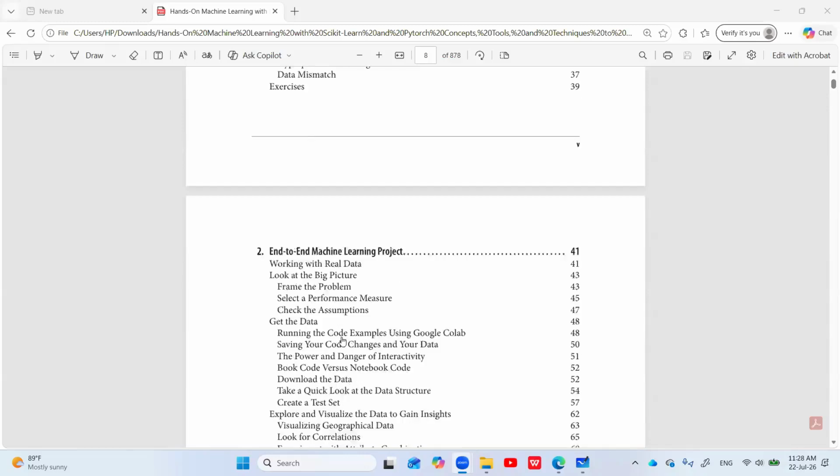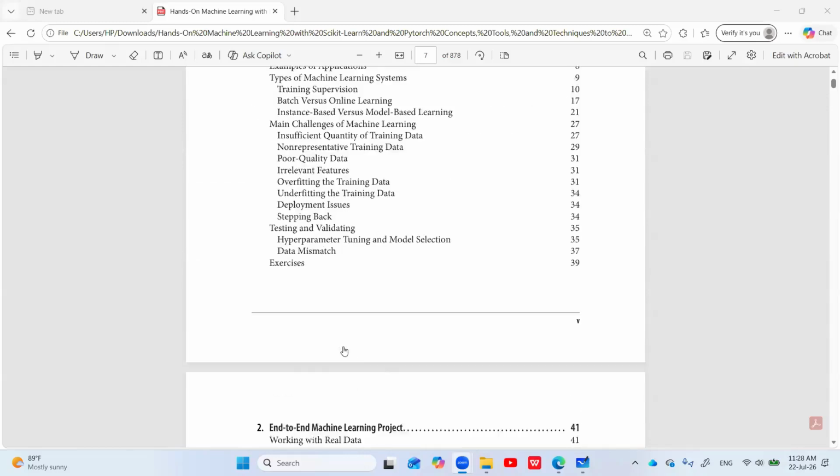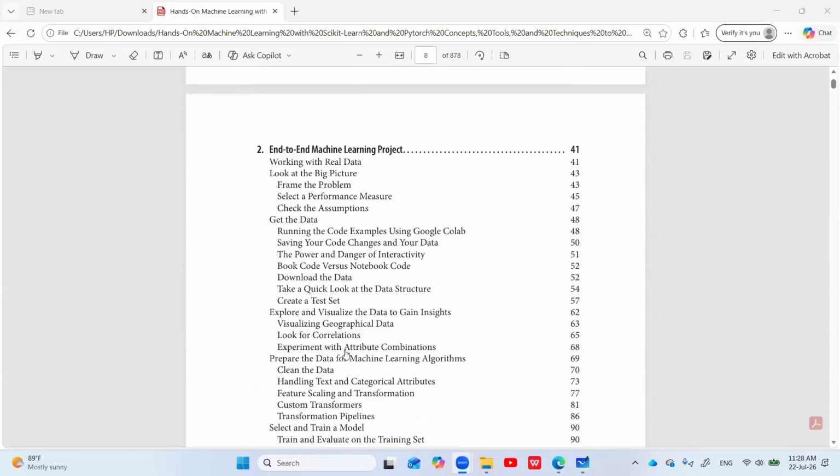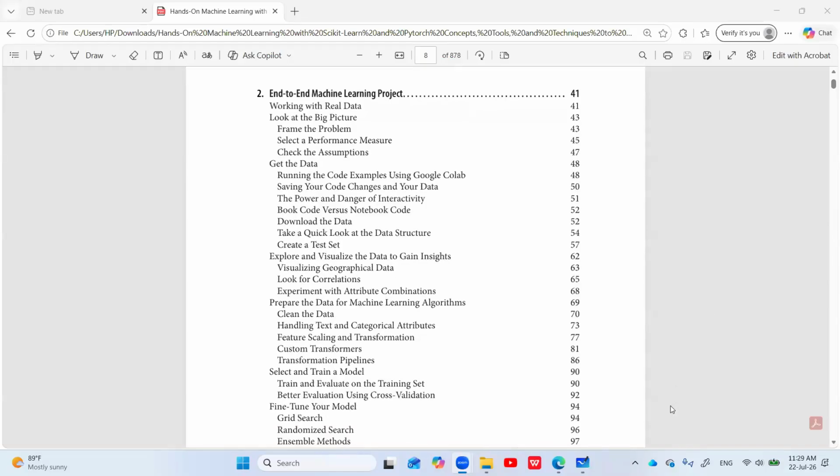In part one, the second chapter is the end-to-end machine learning project. There we will be working with a real data set and understand the big picture and the big problem. We will see how to get the data, run the code using Google Colab, and make changes.